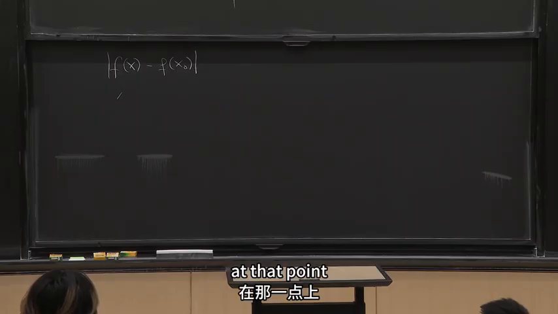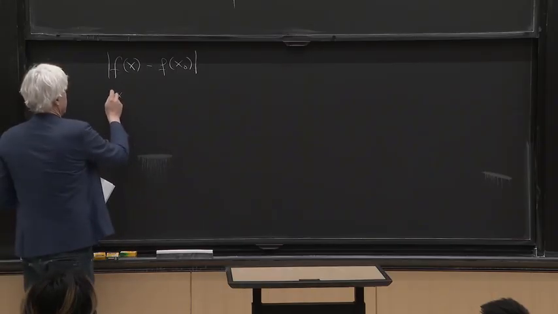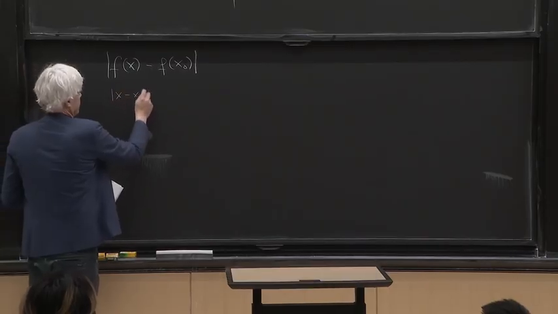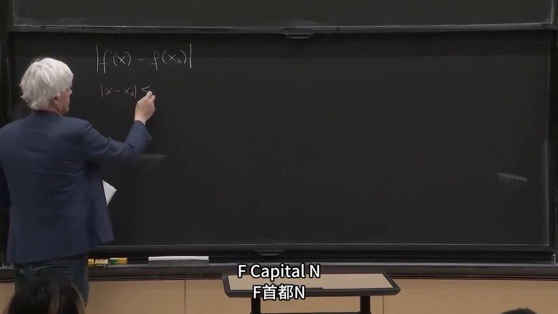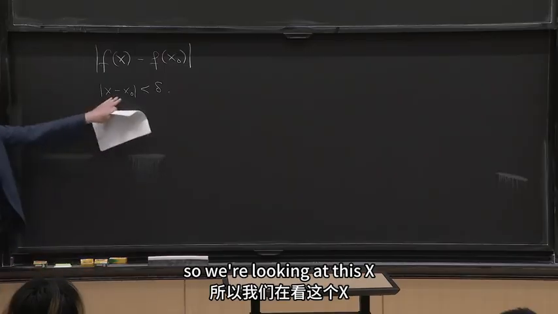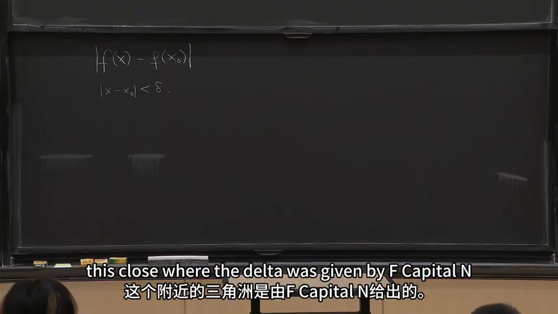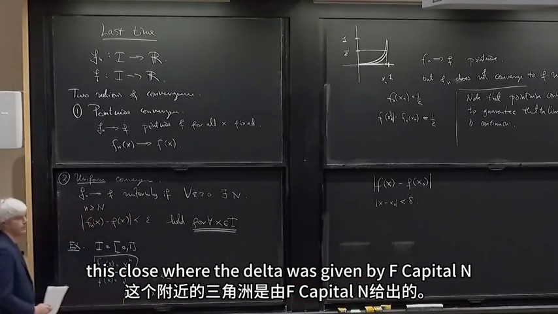And the delta came from f capital N. So we're looking at this x, this close, where the delta was given by f capital N.